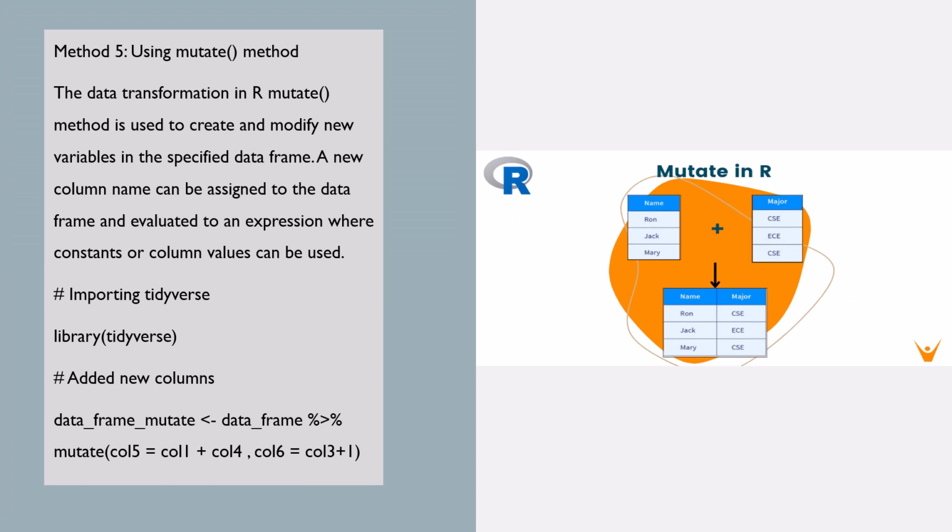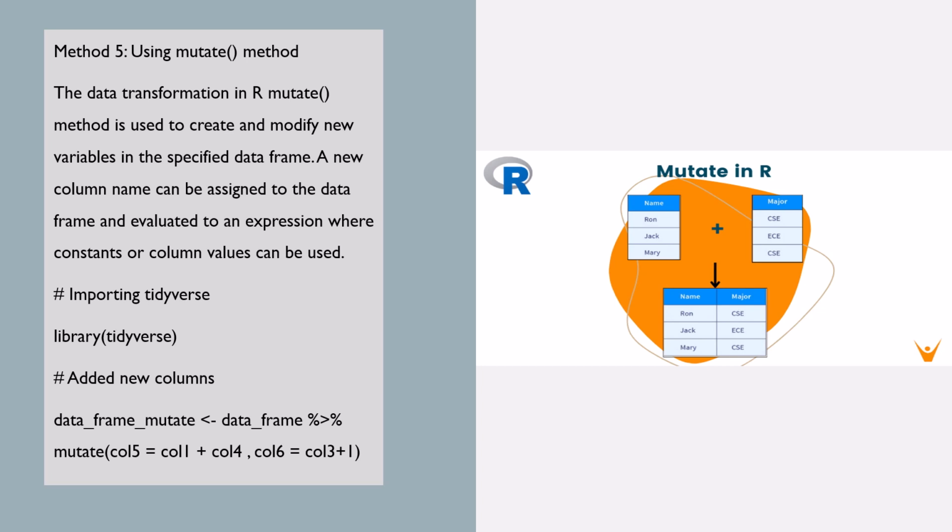You can also mutate your data by using a mutate method. For example, if you want to create new columns on a specific data frame, you want to combine columns, or you want to combine two data frames. The data transformation in R, mutate method, is used to create and modify new variables in the specified data frame.